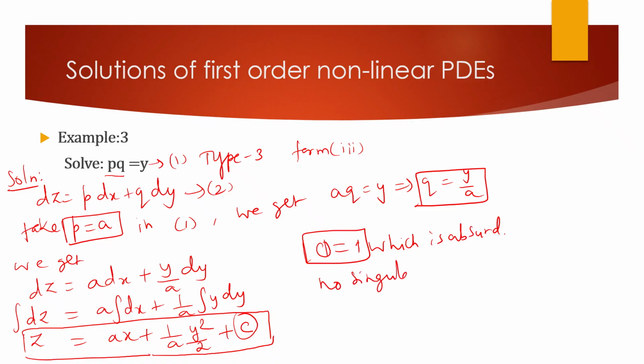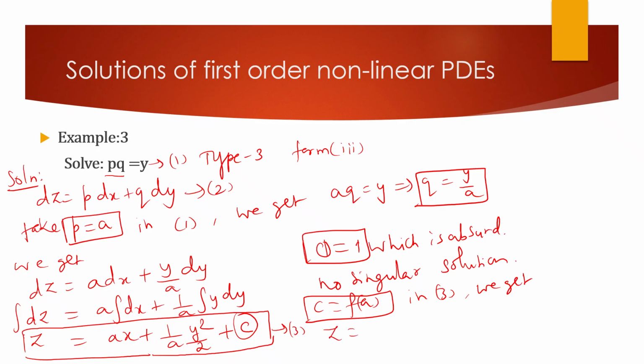For the general solution we follow the same procedure, that is, we consider c as function of a in the complete solution. Taking c as function of a in the complete solution, we get z is equal to ax plus y square by 2a plus function of a.